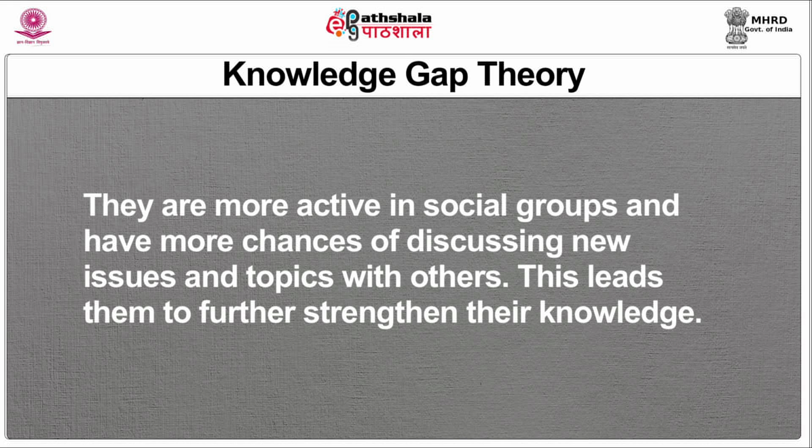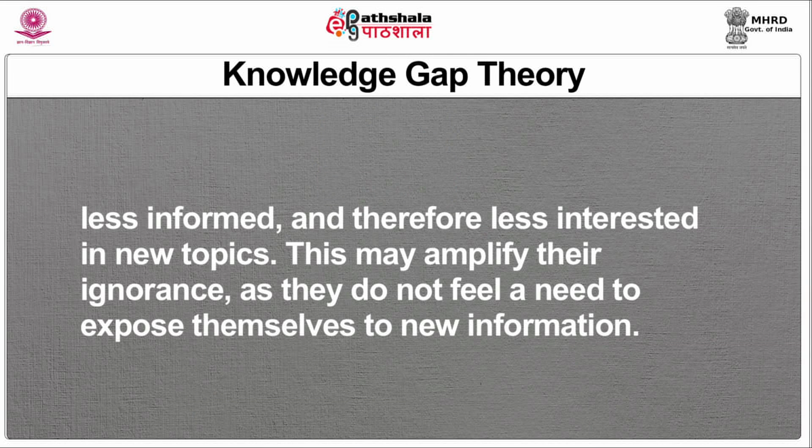This leads them to further strengthen their knowledge. People from lower socio-economic strata are less informed and therefore less interested in new topics. This may amplify their ignorance as they do not feel a need to expose themselves to new information.